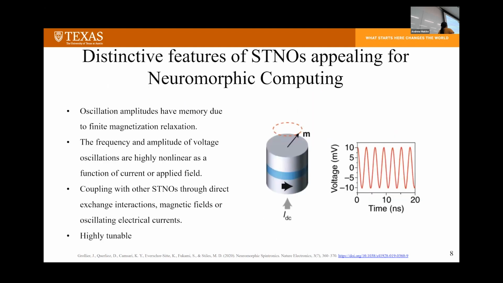Some of the distinctive features of STNOs that are very appealing for neuromorphic computing are, first off, the oscillation amplitudes that are created can be used for memory due to their finite magnetization relaxation, and that helps the device imitate how neurons are able to integrate with each other.